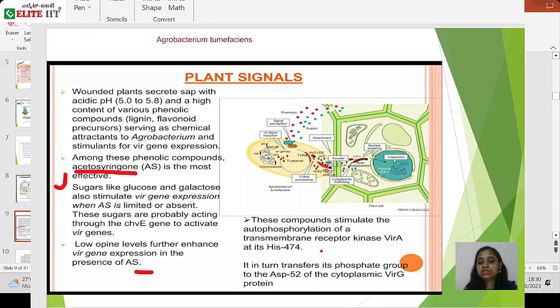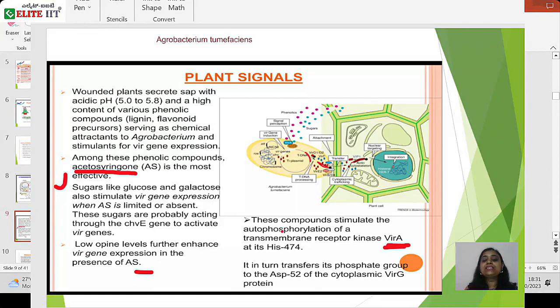So in this case also that is happening. Whenever phenolics and sugars are binding with VirA, they are stimulating the autophosphorylation of the transmembrane receptor kinase, that is VirA. So here the starting point is VirA.